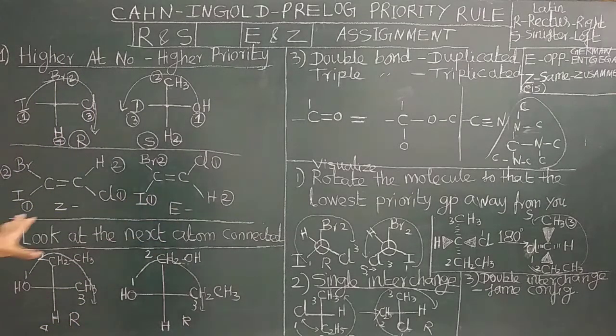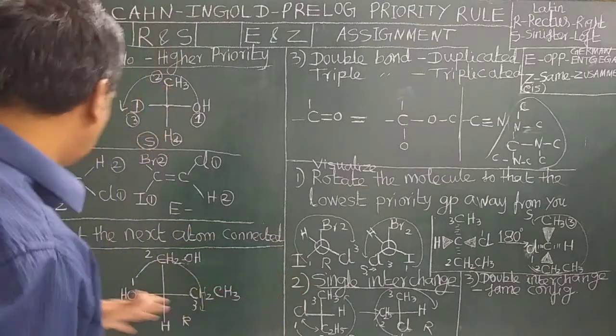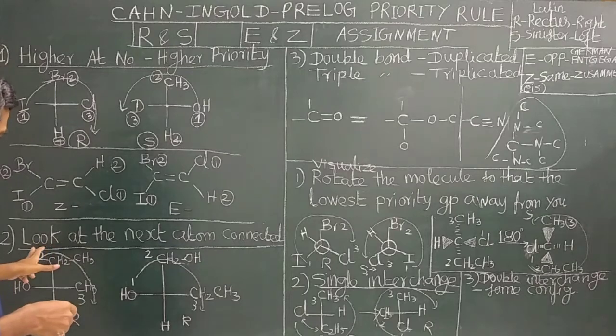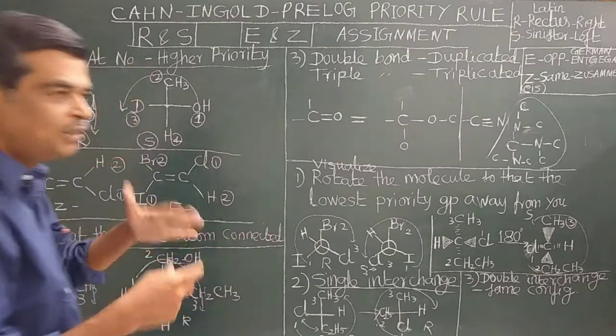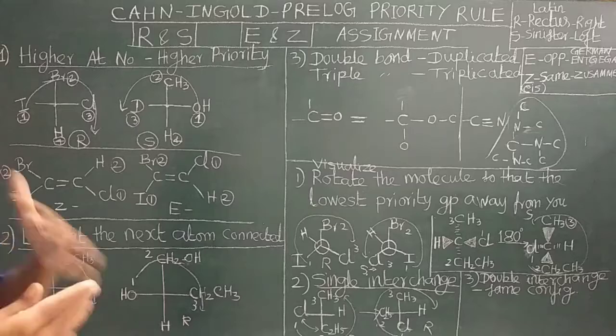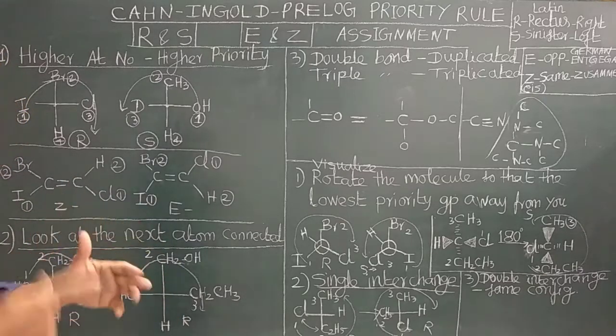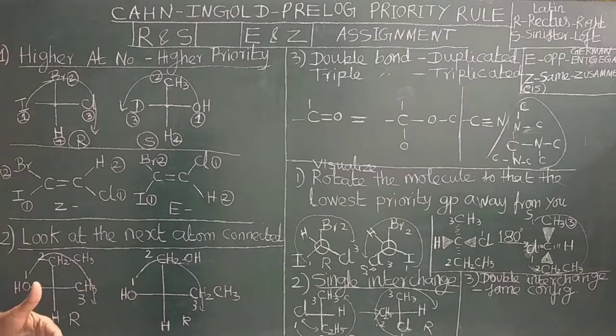Now let us look at the second sequence rule. What is the second sequence rule? Look at the next atom connected. If we are not able to decide the priority, then we need to look at the next atom connected.